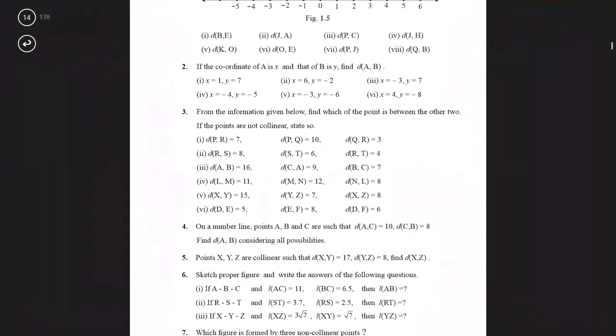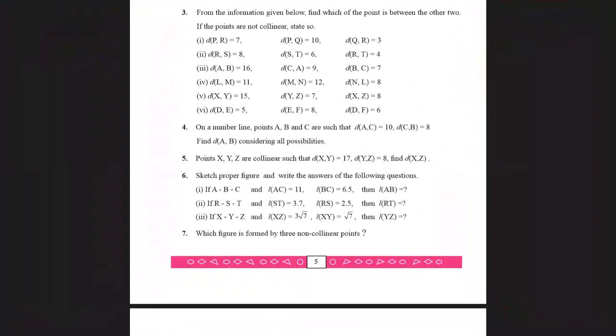Now, we were doing question number 3. Out of these 6 questions, I have done the first 3 for you children. I hope you are clear with what I have explained. Now, with the help of this, you have to complete the other 3 questions, 4, 5, 6. That's for you to do.